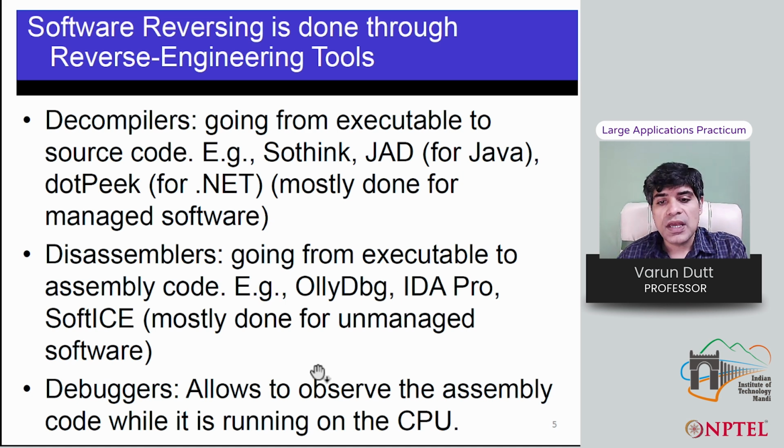Disassemblers go from the executable to assembly level code, one level up from the processor's machine code. Disassemblers like OllyDbg and IDA Pro allow us to open the executable file and access the assembly level code. We also have debuggers, which allow us to observe the assembly level code while it is running on the CPU, and generally OllyDbg or disassembler tools also have debuggers built into them.